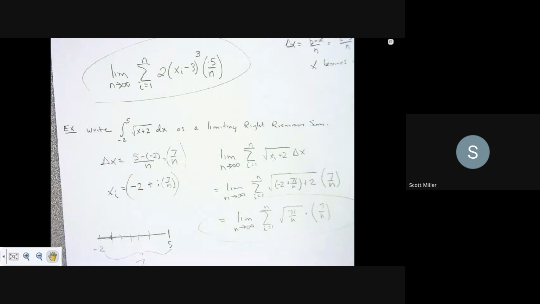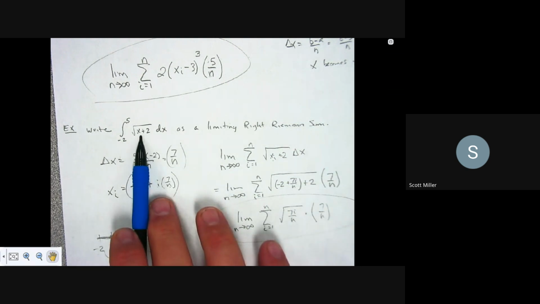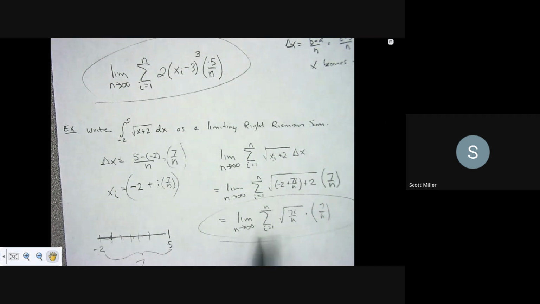So they'll tell you that you have a right Riemann sum. They'll show you stuff like this, and that will help you figure out what's going on in the other stuff. They'll give you more information like this. They'll say which one could be a Riemann sum, right Riemann sum, and you'd have to find this one right here or this one right here.